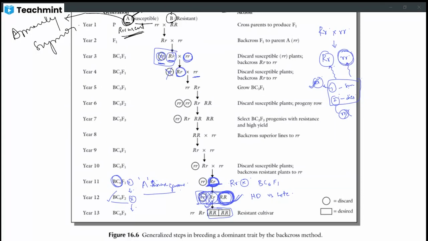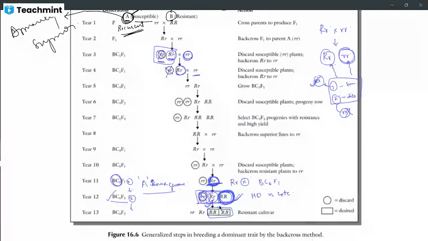See, ultimately, you will perform selfing to get a plant which has homozygous resistant genes. The ultimate product is the homozygous resistant gene, you need to get. So this is the reason why you will be performing the selfing at last. This is backcross breeding if it is governed by means of your dominant gene.